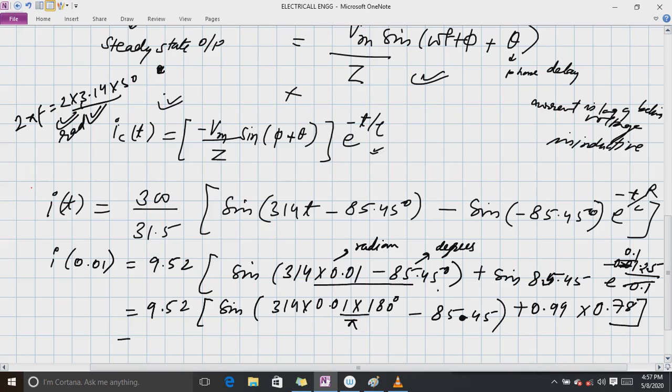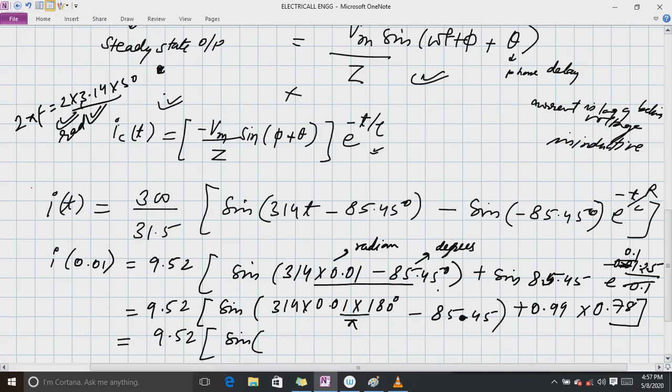And now 9.52, what will be coming inside? So let me multiply it. 314, you also try. 0.01 into 180 degree divided by pi. So the answer will be 179.9 minus 85.45.